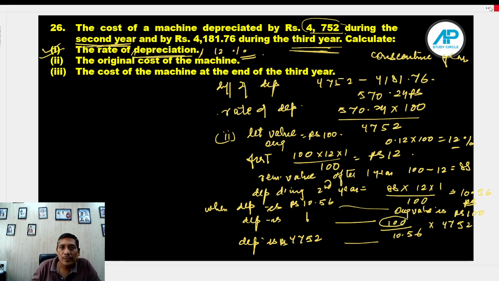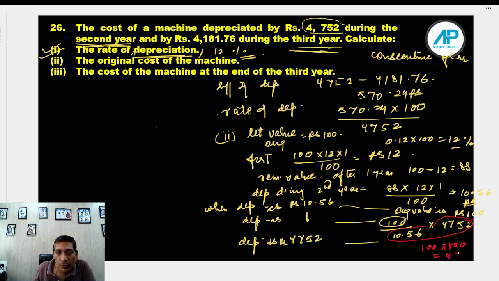You will always see I'm using color to mark it up. Always solve these two values first. So I'm simply dividing 4752 by 10.56, and it is giving me 450 rupees. So you get 100 into 450.